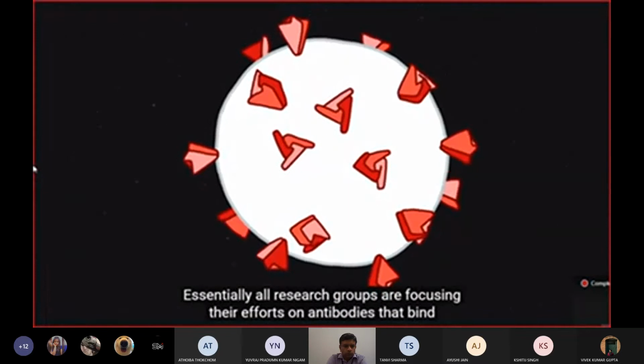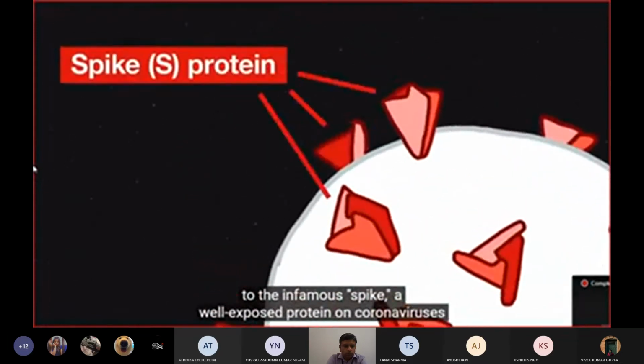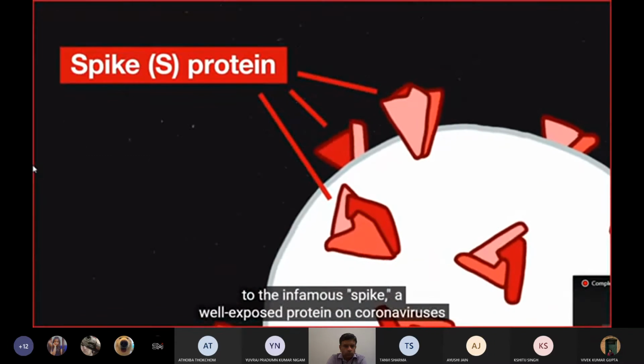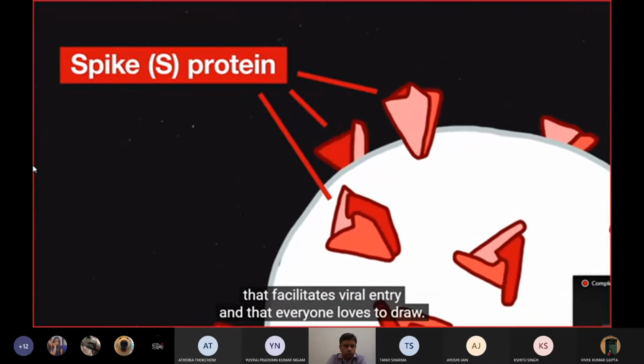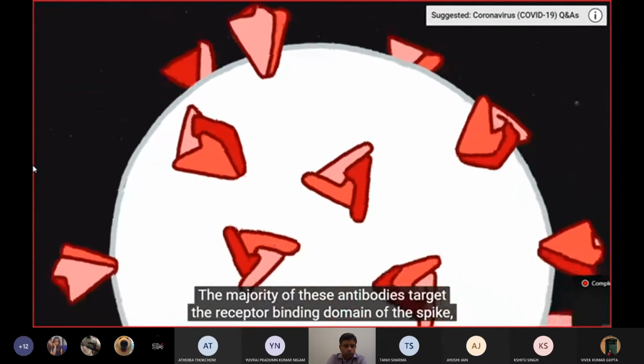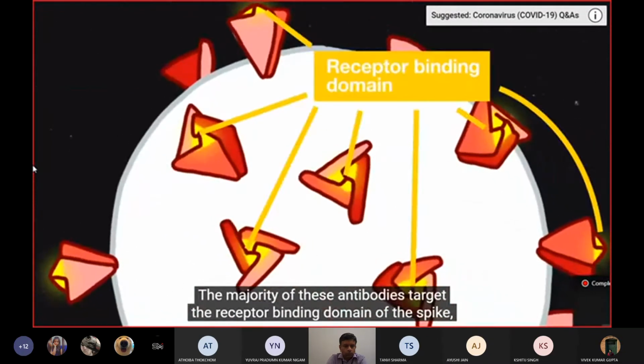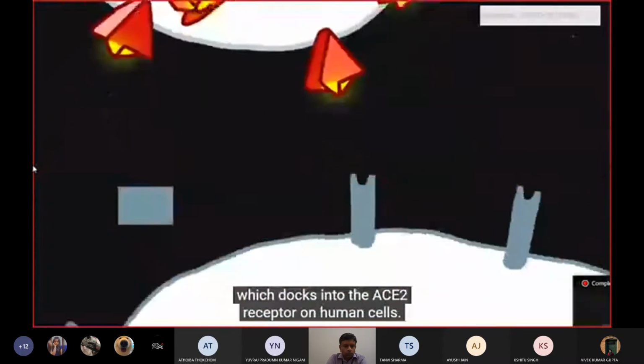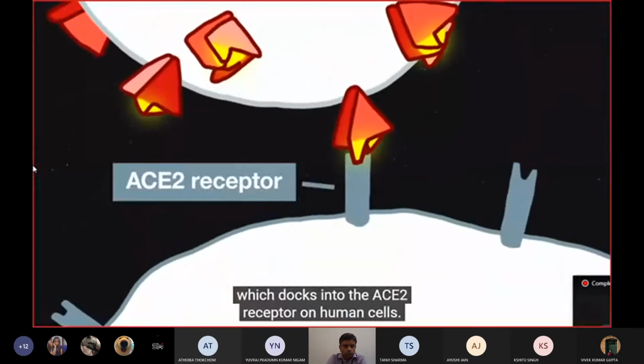Essentially, all research groups are focusing their efforts on antibodies that bind to the infamous spike, a well-exposed protein on coronaviruses that facilitates viral entry and that everyone loves to draw. The majority of these antibodies target the receptor binding domain of the spike, which docks into the ACE2 receptor on human cells.